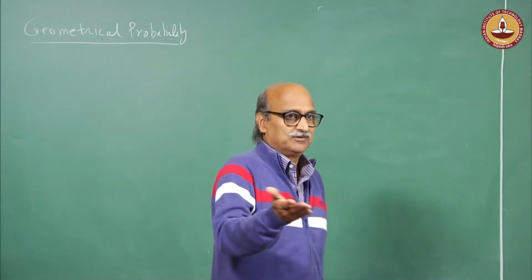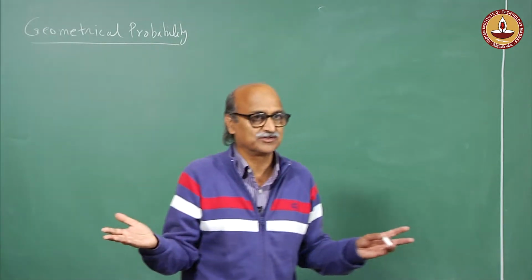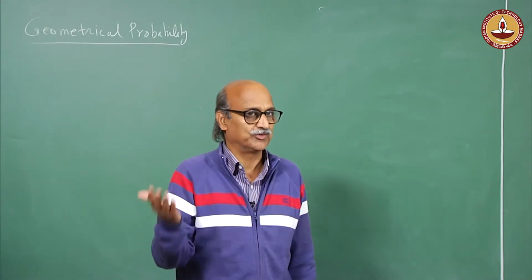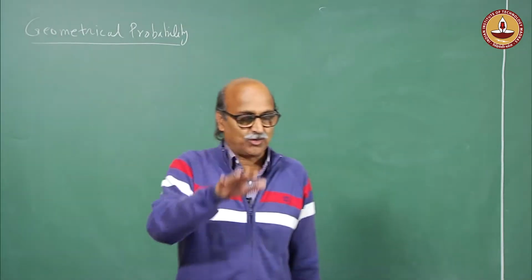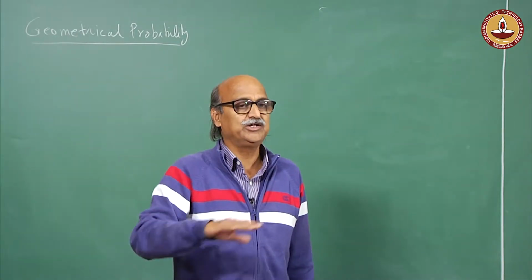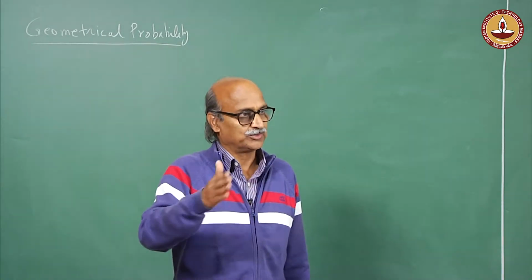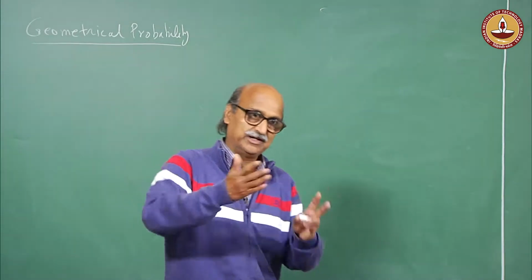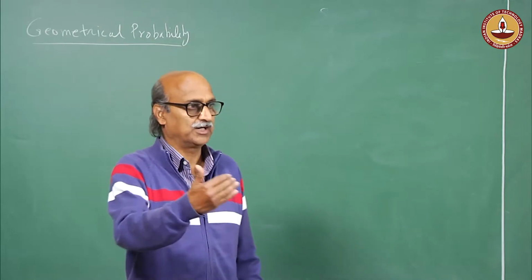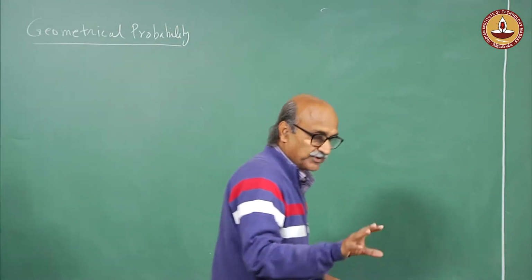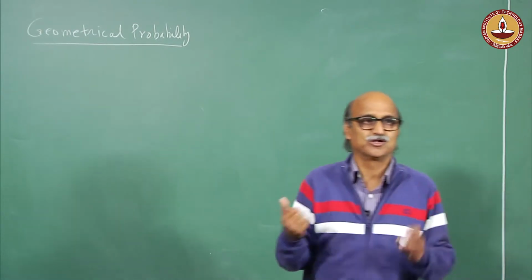For getting a prime number, 2, 3 and 5, there are 3 favorable outcomes, total 6 outcomes, so 3 upon 6, and that gives you half. In all of this, of course, there is one assumption, that all these outcomes are equally likely. In the toss of a coin, head and tails are the 2 outcomes which are equally likely. Only then can you apply this simple relationship for probability, the ratio of favorable outcomes upon the total number of outcomes.